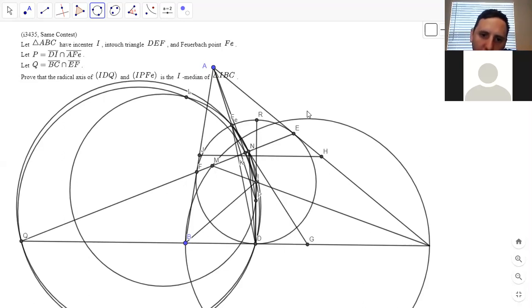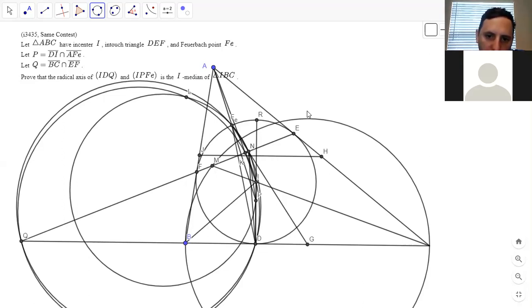I think this is close. Maybe it isn't exactly the proof, but so we want to show GNE equals PNQ.